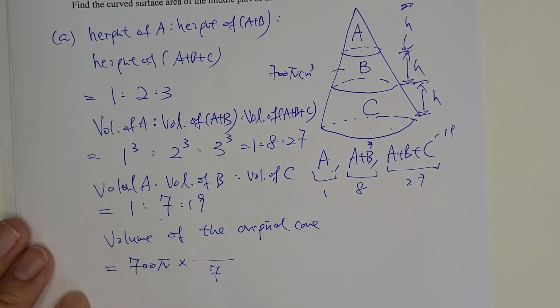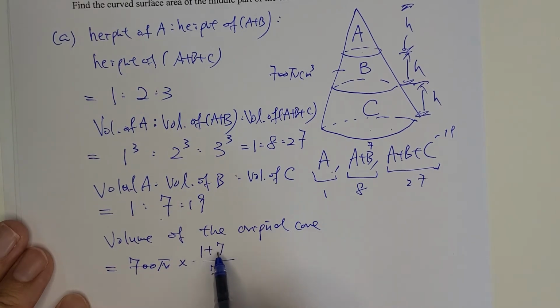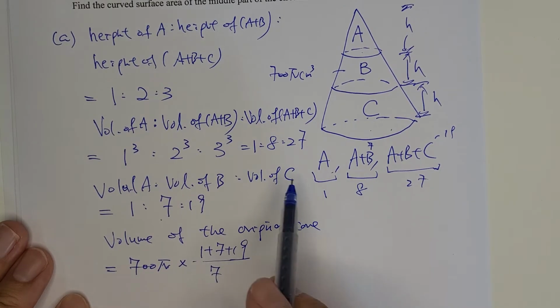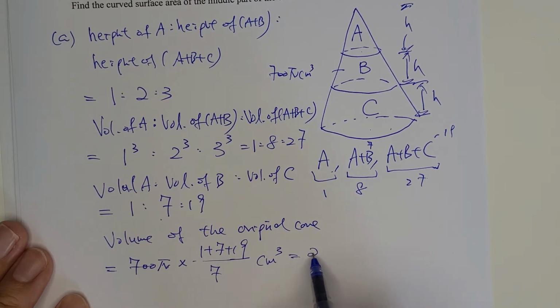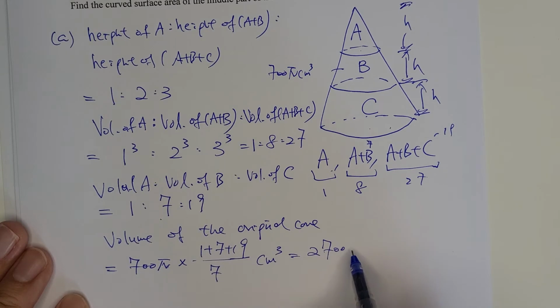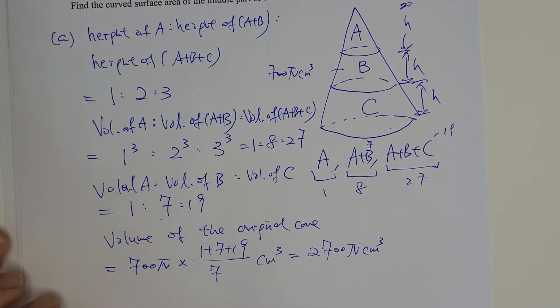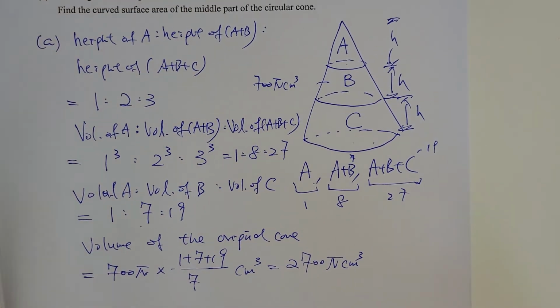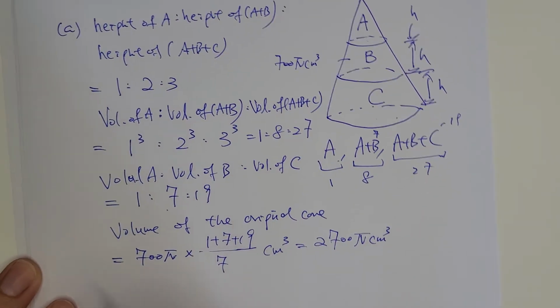And the whole cone occupies 1 plus 7 plus 19, that means 27. Unit cm cube. So final answer, 2,700 pi cm cube. That's the end of part A.